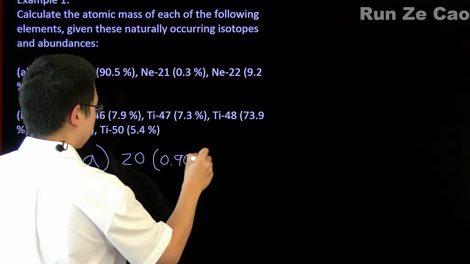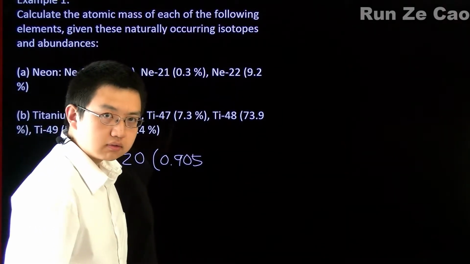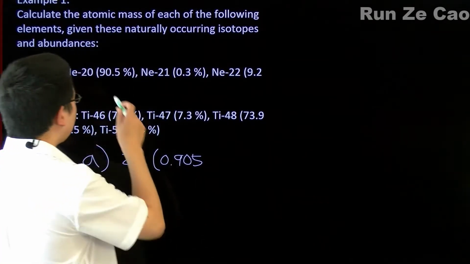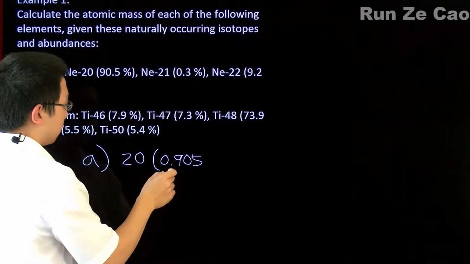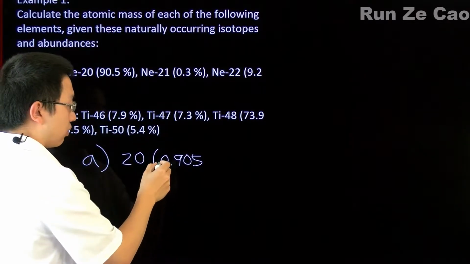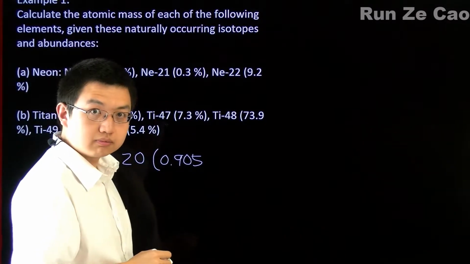0.905. So what is a percent? It means divide by 100, right? So 90.5% means 0.905. 100% means 1.00.